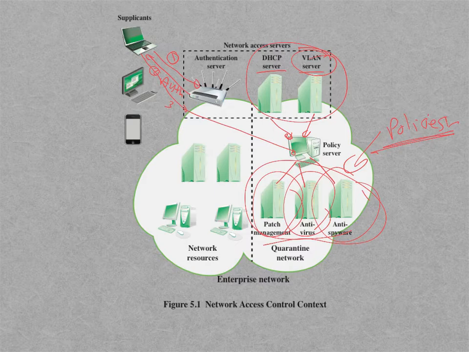Otherwise, we will not give you access to the physical network. Or, for example, patch management: your code should be up to a certain level, and you need to update this patch, or Windows updates or something like this. So these are policies or rules based on which you get access to physical parts of the network.